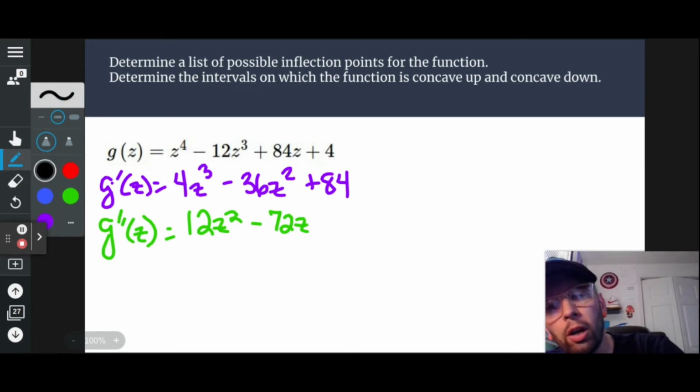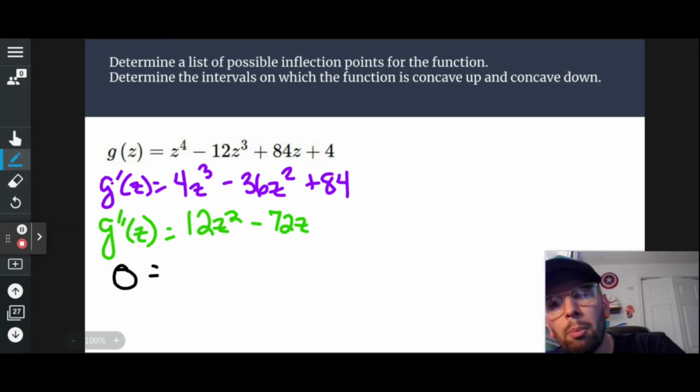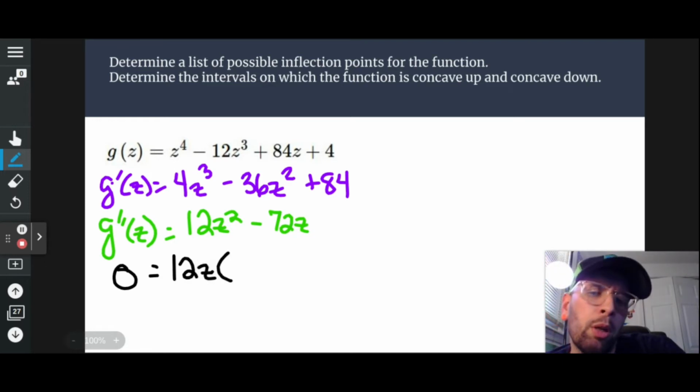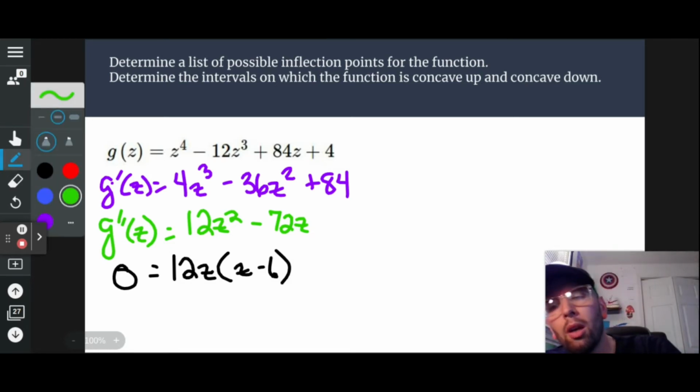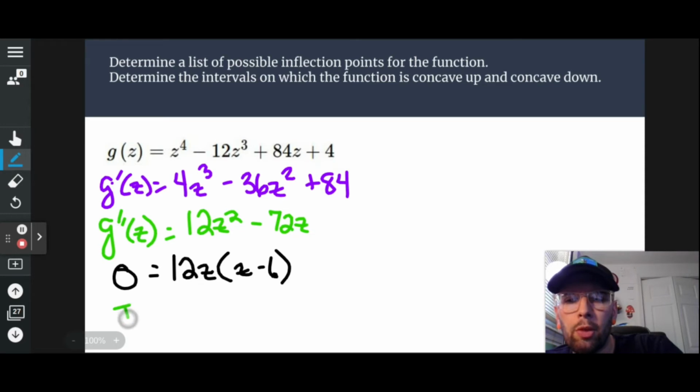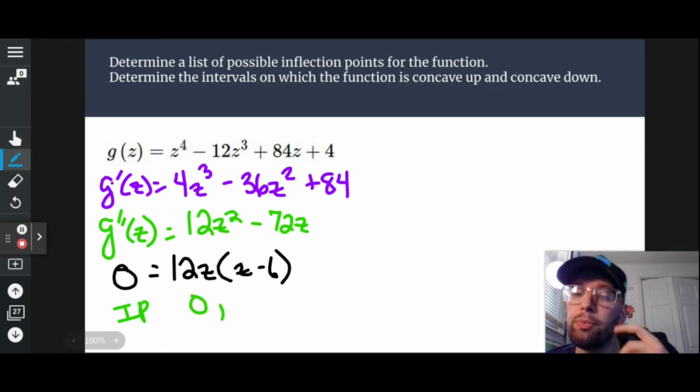Set it equal to 0. Bring out a 12 and a z. And that leaves me with z minus 6. Set the 12z equal to 0, divide by 12, and you do get an inflection point of 0, or a possible inflection point. Set the other one equal to 0, add 6, and you get 6.